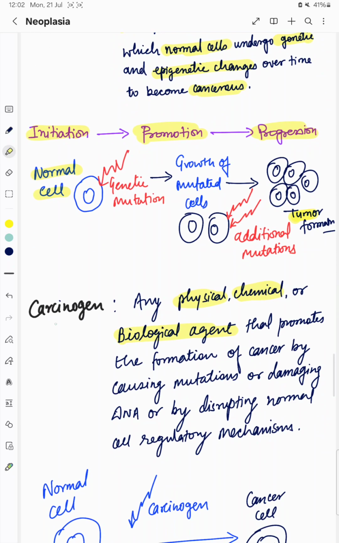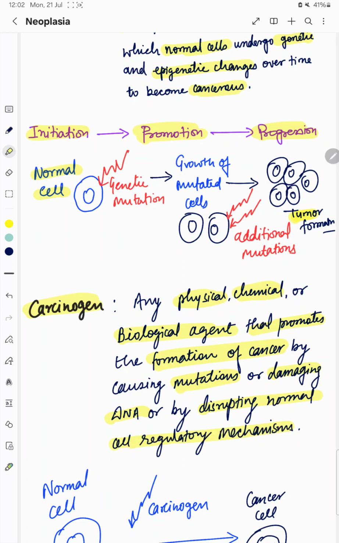So what is a carcinogen? Any physical, chemical or biological agent that promotes the formation of cancer by causing mutation or damaging the DNA or by disrupting normal cell regulatory mechanisms.